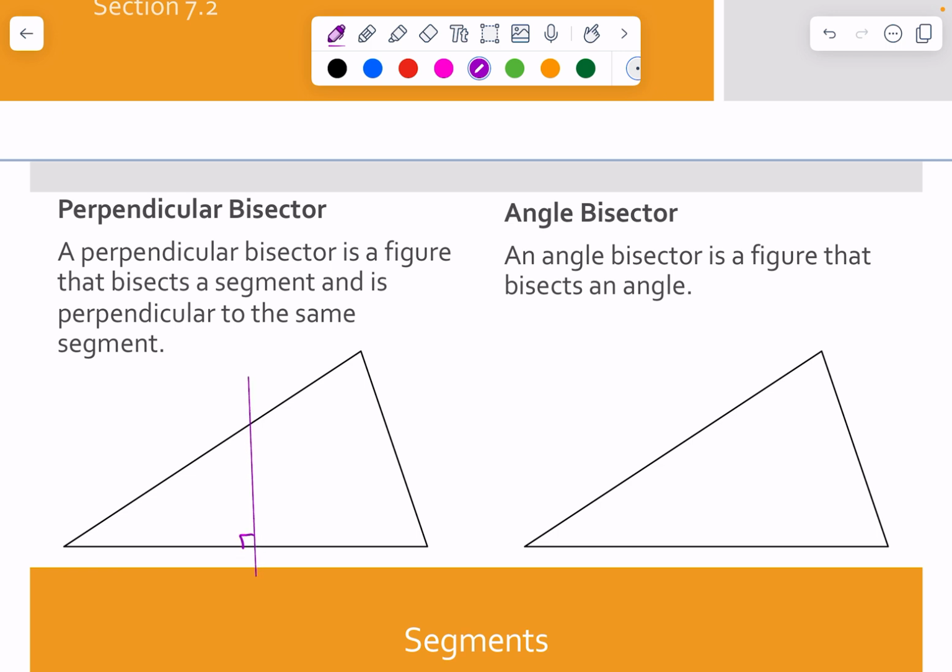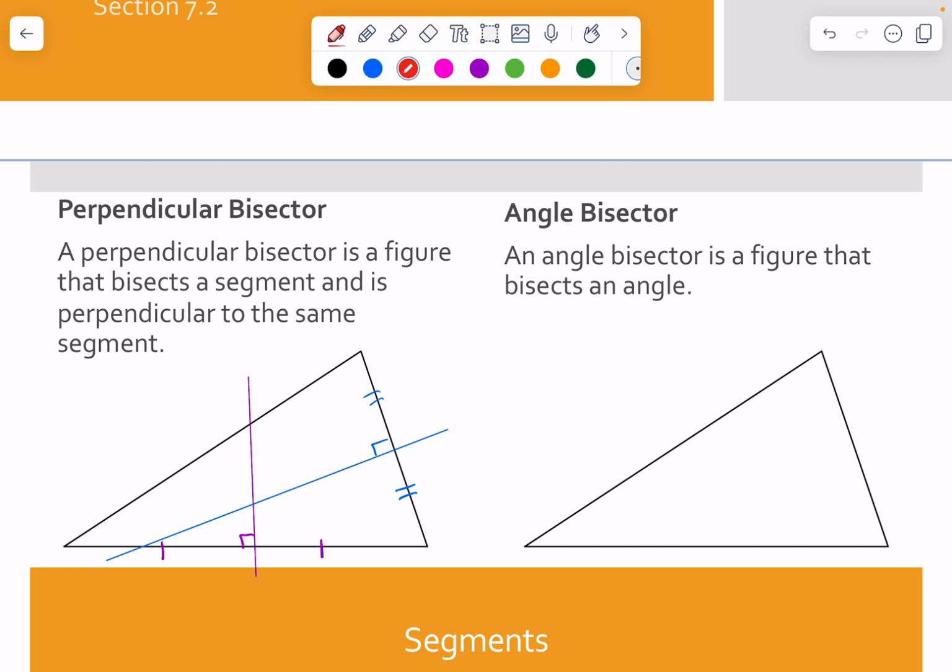Now, that means it's going to be perpendicular here, and it's going to bisect that side. We would also have a perpendicular bisector like this right here. Now, that is going to be perpendicular to that side and bisect that side.